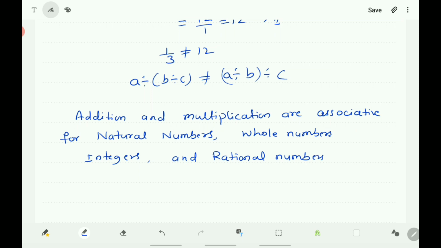So as the property holds good for rational numbers, the property also holds good for the remaining numbers, that is natural numbers and whole numbers, because natural numbers, whole numbers and integers are also rational numbers.